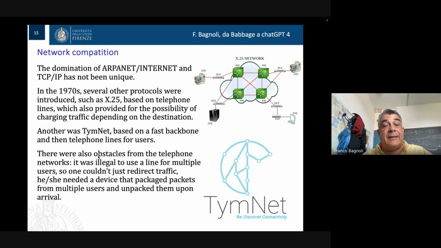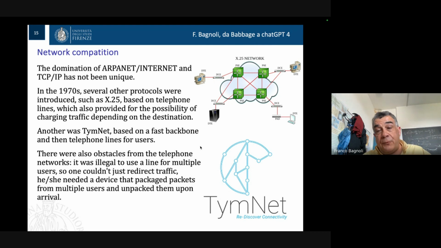And also clearly law had to play a fundamental role, because for instance it was illegal to share traffic on the same telephone line from different sources. This was explicitly forbidden.